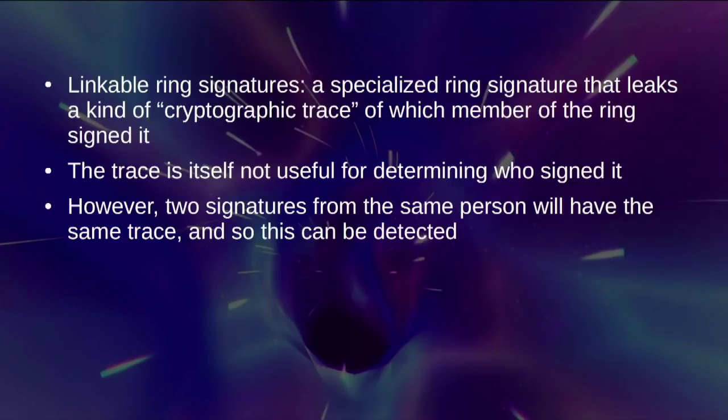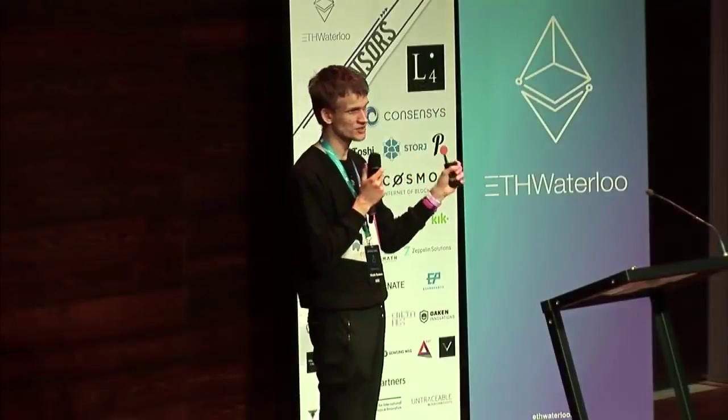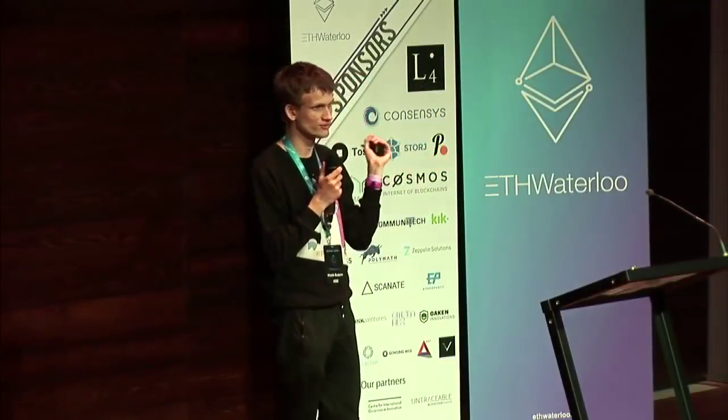So what is the trace useful for? Well, two signatures from the same person are going to have the same trace, and that can be detected. So the trace is not useful for figuring out who signed a ring signature, but it is useful for identifying pairs of ring signatures where the same key was used to sign both of them.